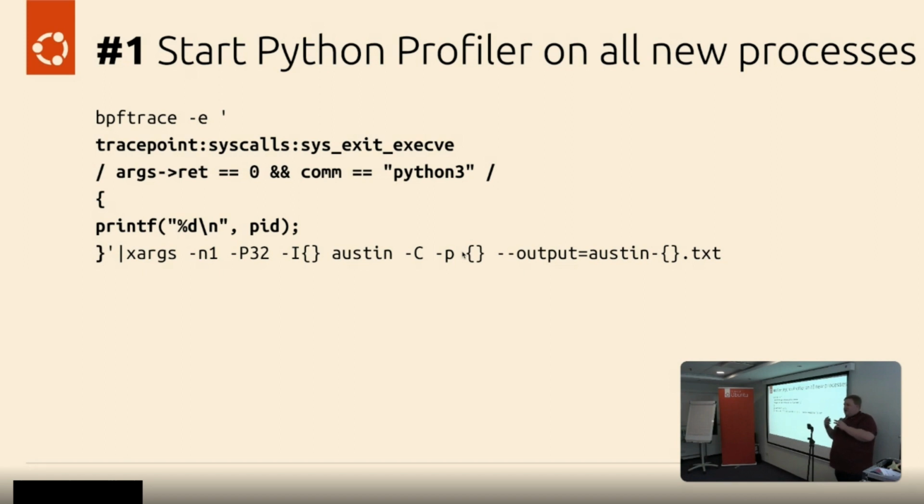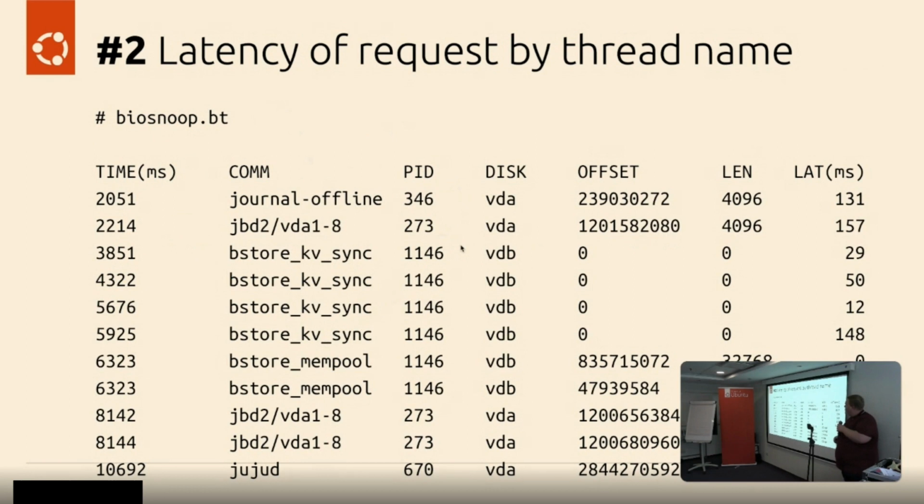And so I wanted to launch a copy of the Austin Python profiler against every Python process that started. And I didn't have a super easy way to do that, like by modifying the code. So I just wrote a BPF Trace script that every time a process was executed, if it was a Python script, I would then execute and open a copy of Austin, the profiler, in the background. It's a little bit hacky, but it works super well. I profiled every invocation of Python and got the results that I needed.